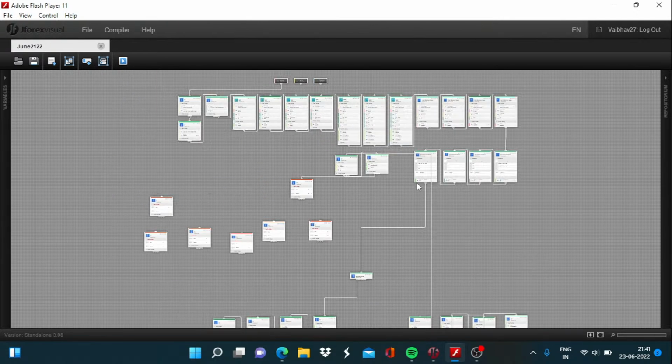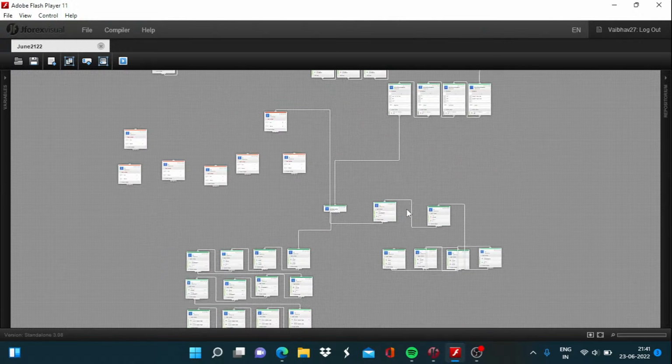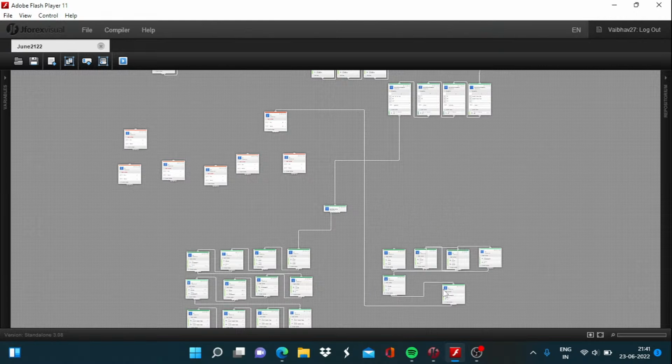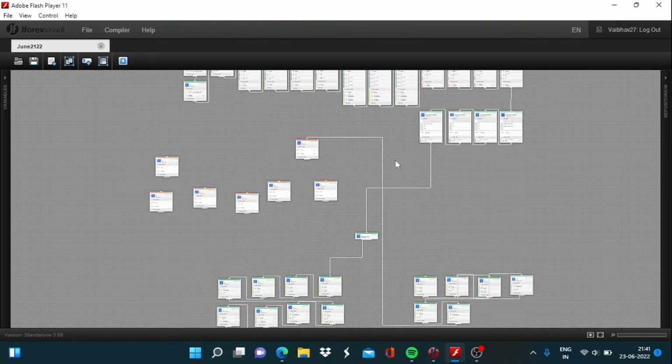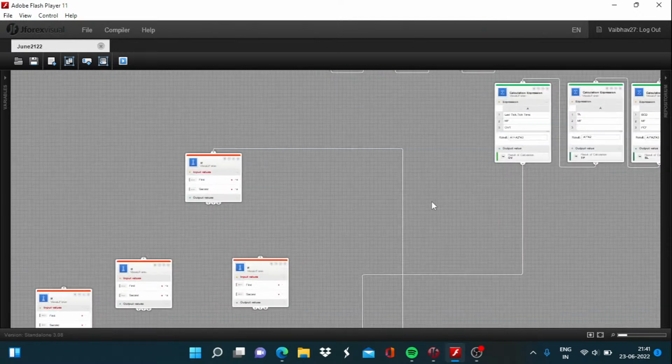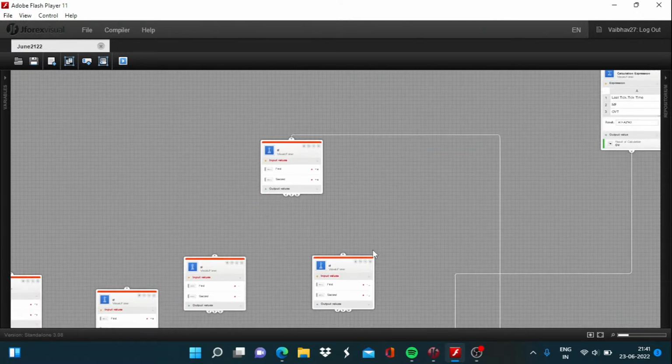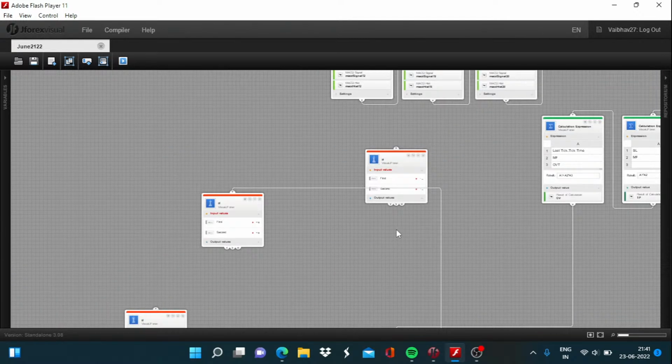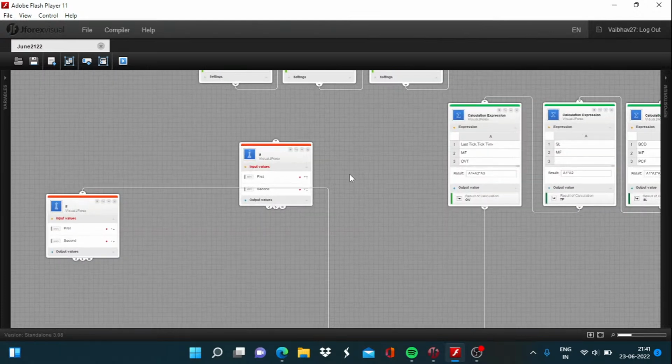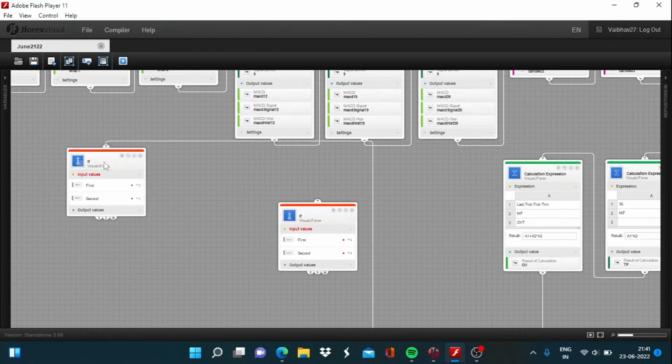Now coming to further conditions, we have to consider the crossover formation.